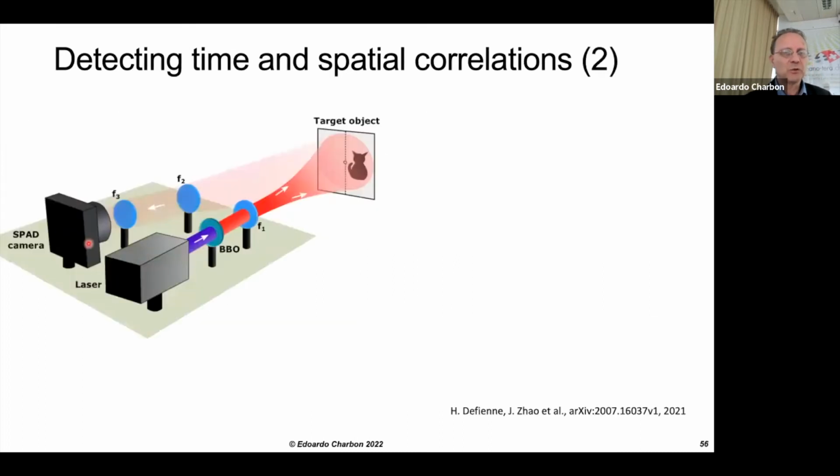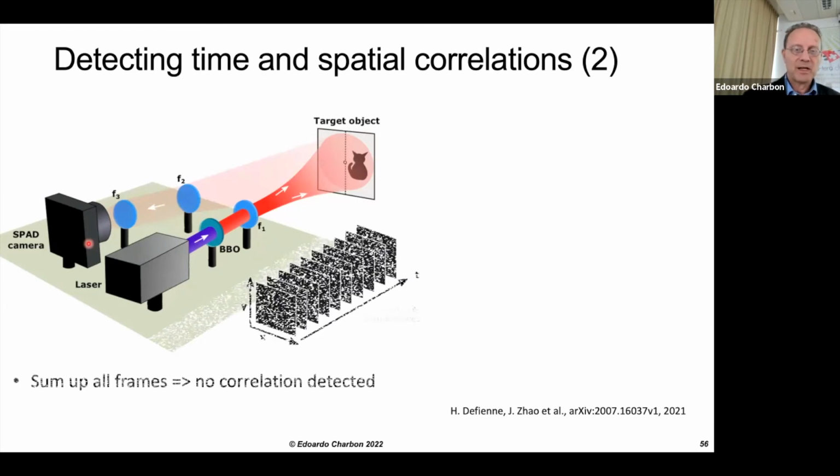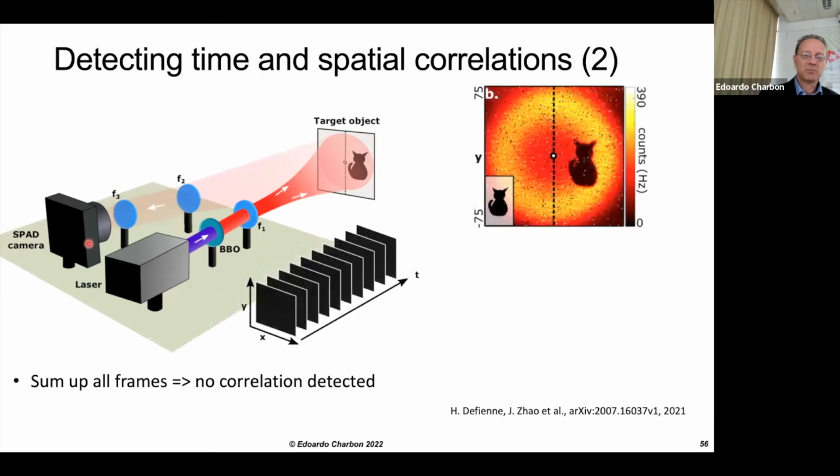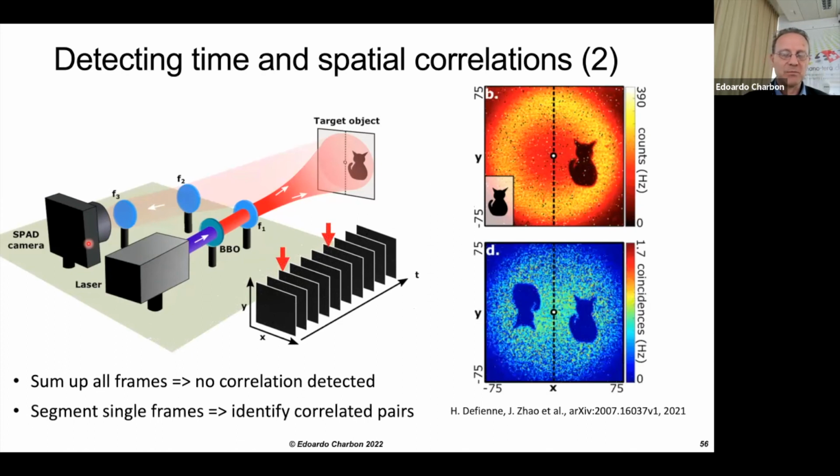And why would I want to do that? Well, for example, one thing I would want to do is hide information in plain sight. So this is an example where I have the target object that is imaged using a laser and a BBO, and another object that is actually present on the other side. If I just look with a conventional camera, I will see this image, so I will not be able to distinguish the two objects.